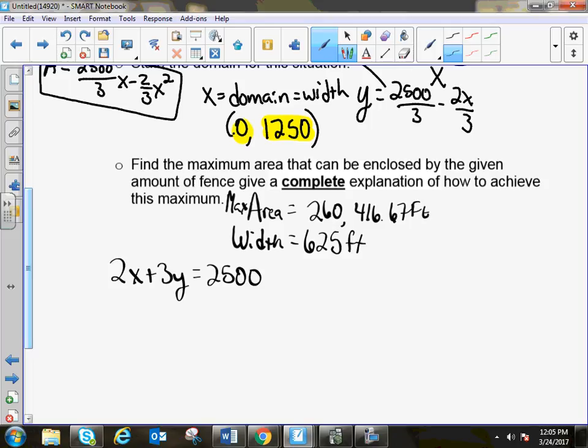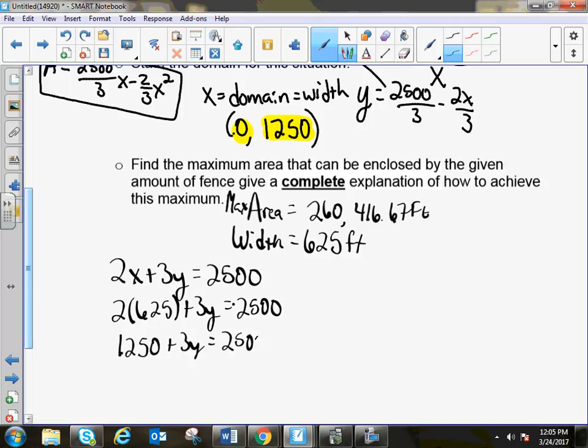If I know the width, which is x, 625, 2 times 625 plus 3y equals 2500. 625 times 2 is 1,250 plus 3y equals 2,500.